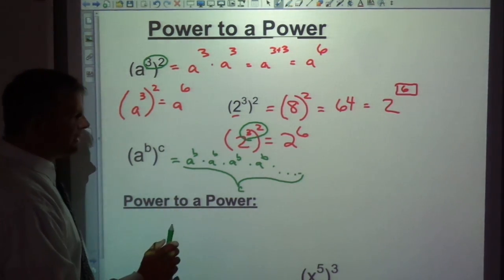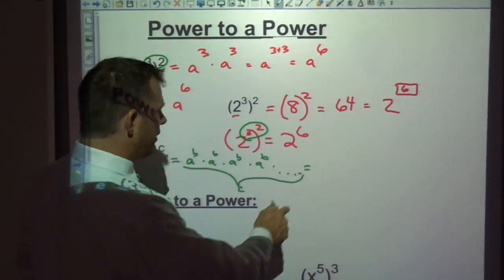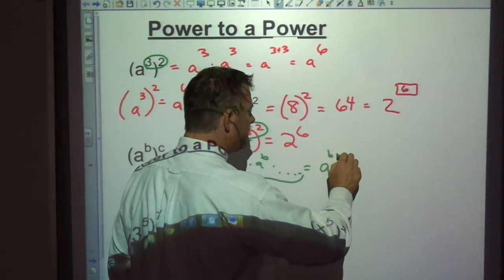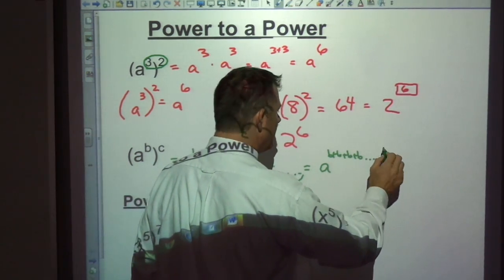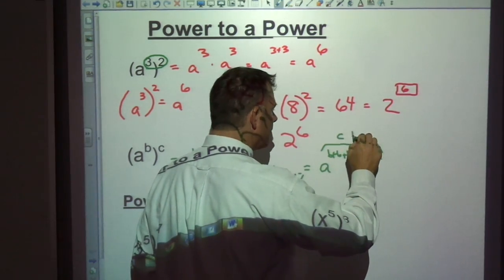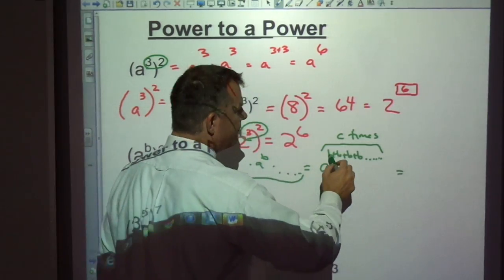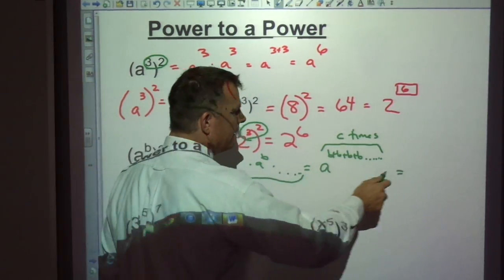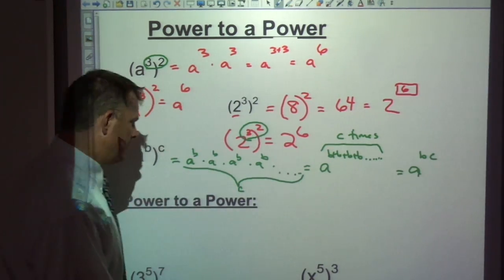Which really means we've got a to the b plus b plus b plus b, c number of times. So really this is going to be b times c, a to the b times c power.